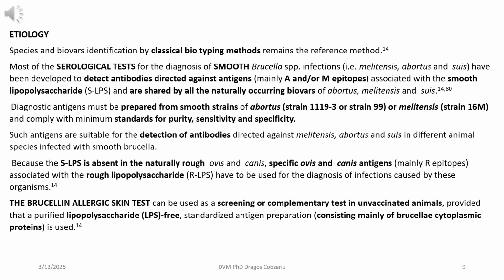Such antigens are suitable for the detection of antibodies directed against melitensis, abortus and suis in different animal species infected with smooth Brucella. Because the SLPs is absent in the naturally rough ovis and canis, specific ovis and canis antigens, mainly epitopes associated with the rough lipopolysaccharide, RLPs, have to be used for the diagnosis of infections caused by these organisms.